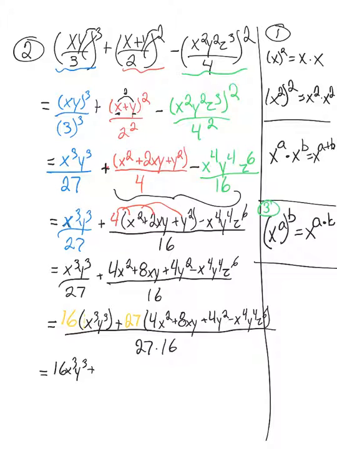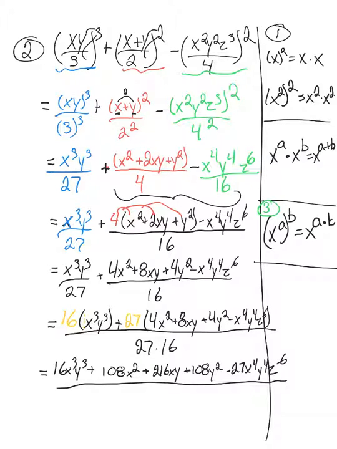Plus 27 times 4, 108x squared plus 216xy plus 108y squared minus 27x to the 4, y to the 4, z to the 6, all over 27 times 16, which is 432. And now the last thing to do in this would be to combine your like terms.